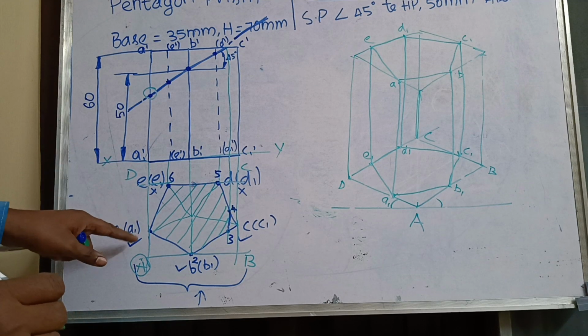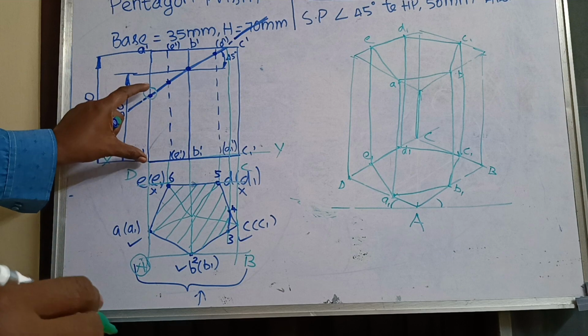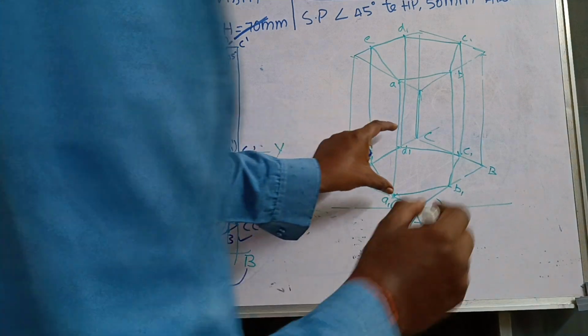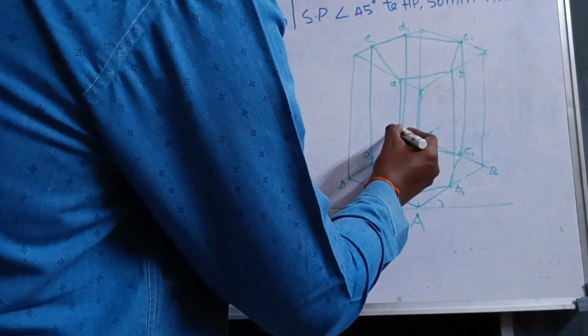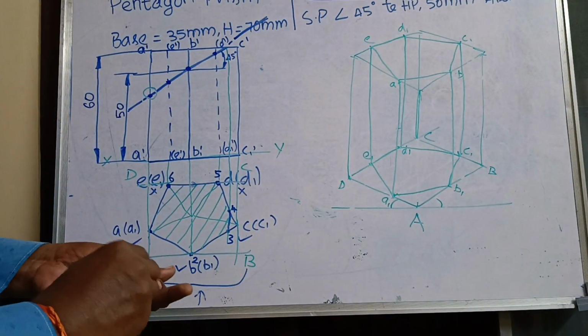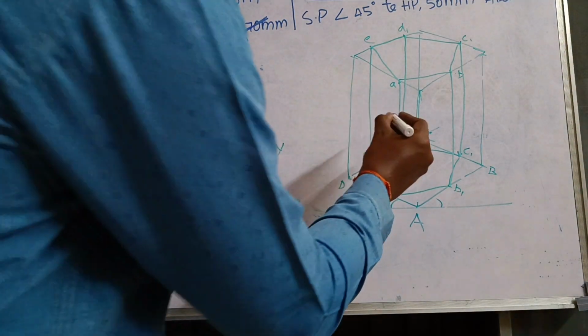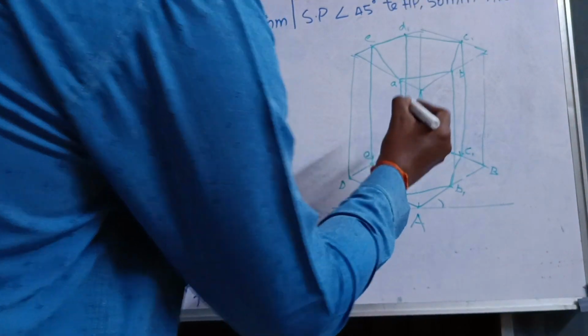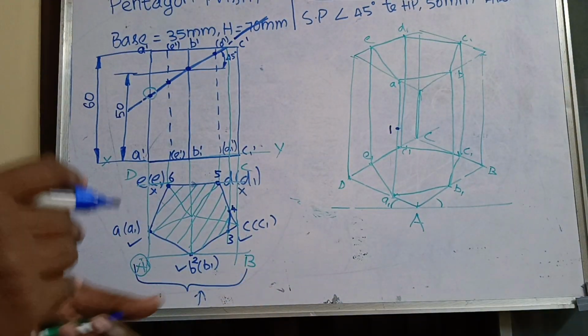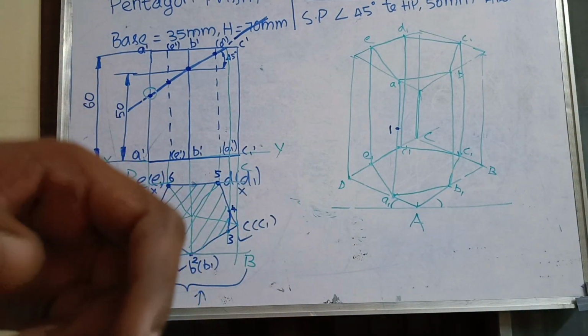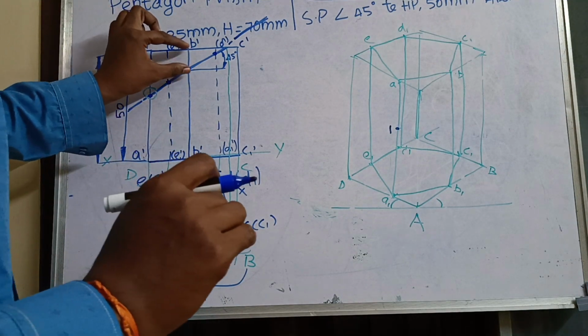The first section point is on the AA1 longer edge. Section point 1. Where is the second section point? The second section point is on the top edge, BB1.